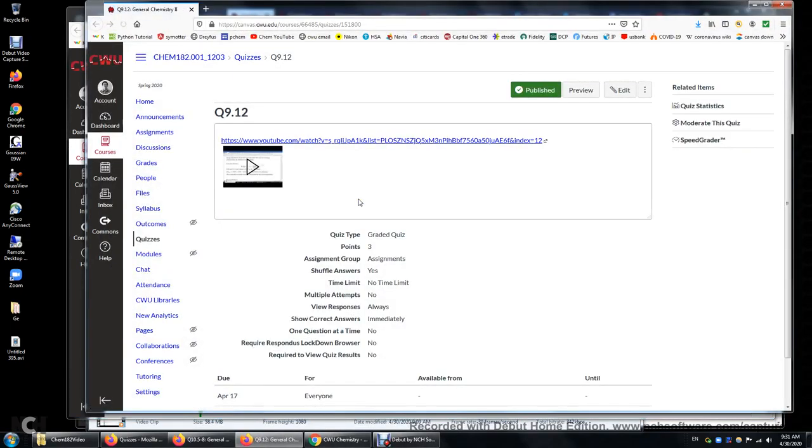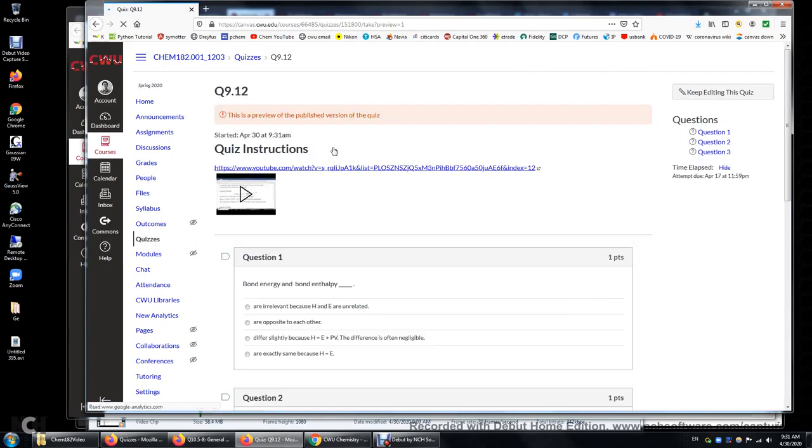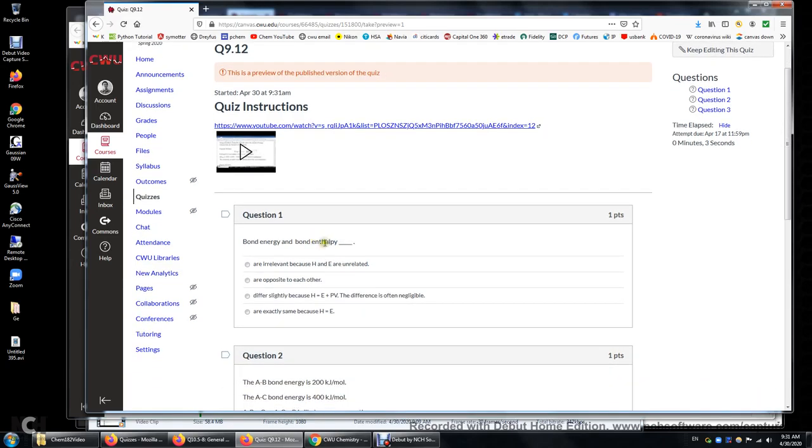9.12. Preview. Bond energy and bond enthalpy, they differ slightly. Because enthalpy is internal energy plus PV. So bond enthalpy is bond energy plus delta PV.